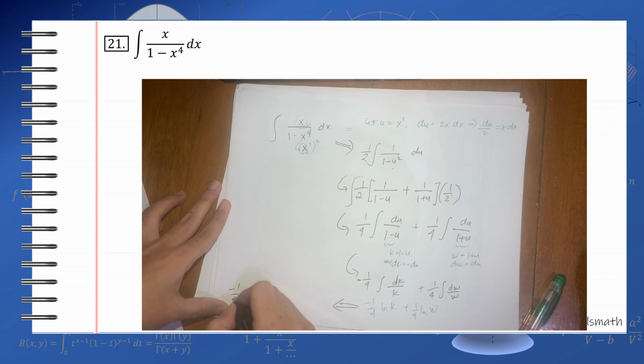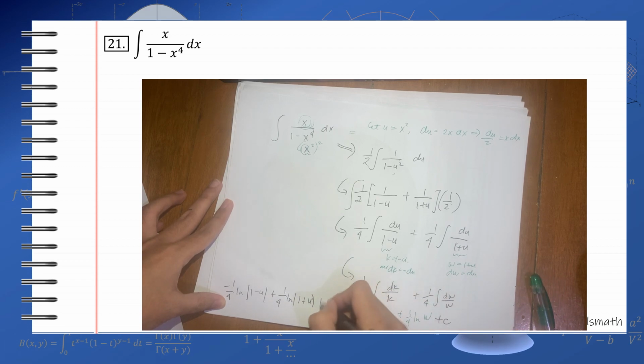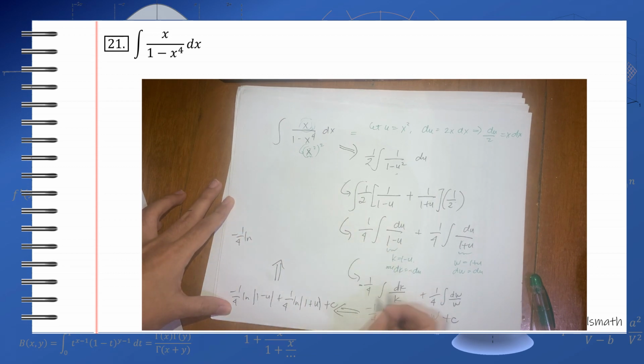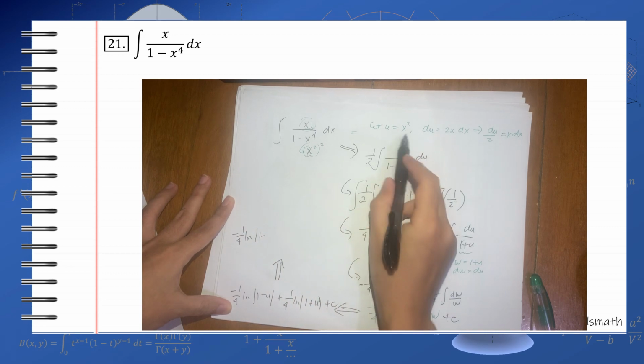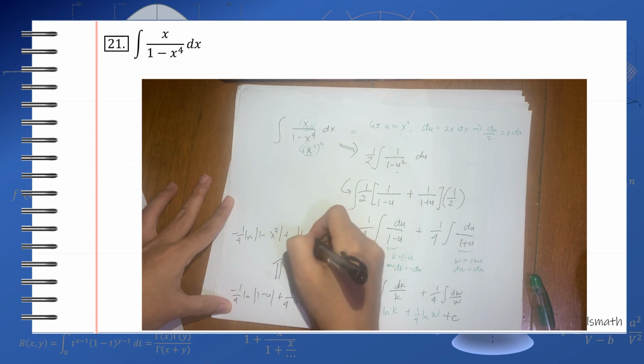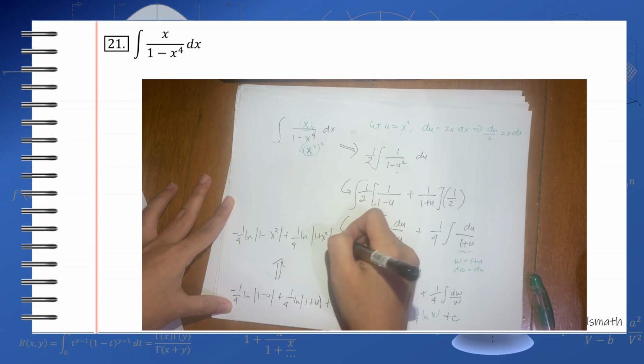This is negative 1/4 ln of 1 minus u. The other one is 1/4 ln of 1 plus u. There should be a plus c here. Again, in terms of x, negative 1/4 ln of 1 minus x squared plus 1/4 ln of 1 plus x squared plus c.